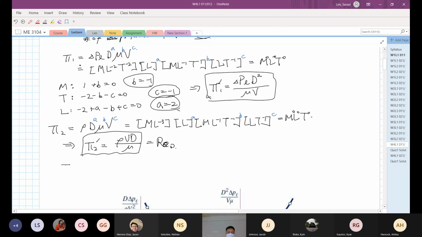So if I just find the pi 1 prime over pi 2 prime, let's just multiply it, rho v D over mu. So we can just find something else: D over rho v square.